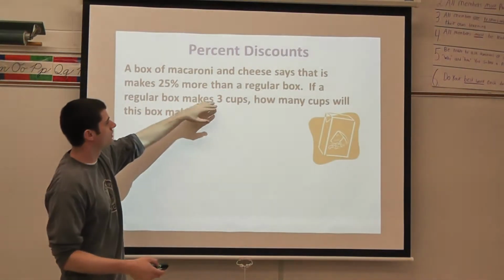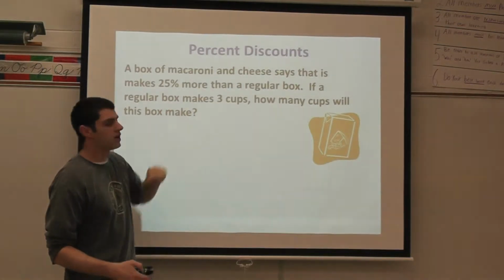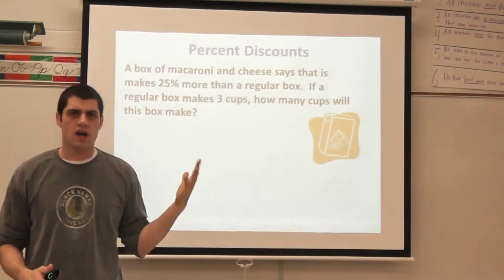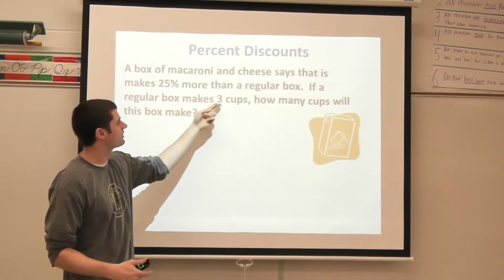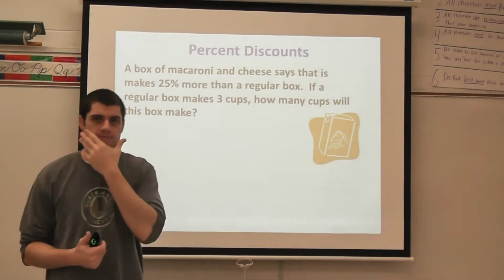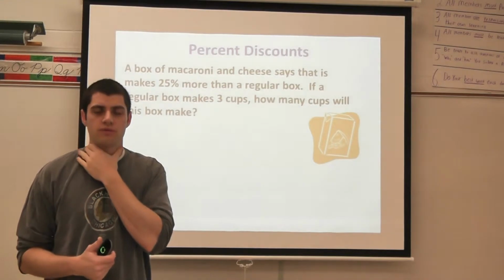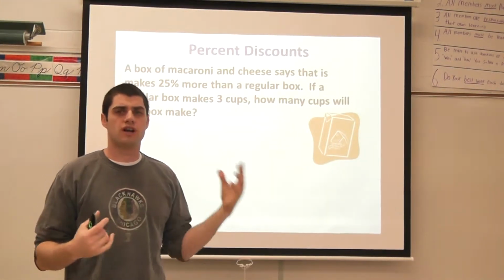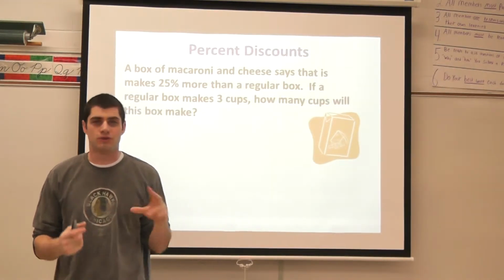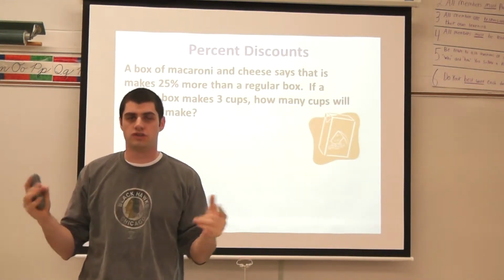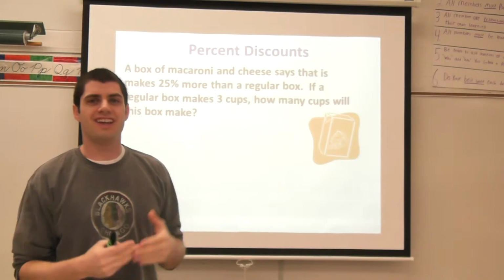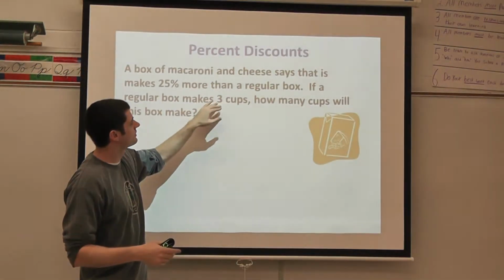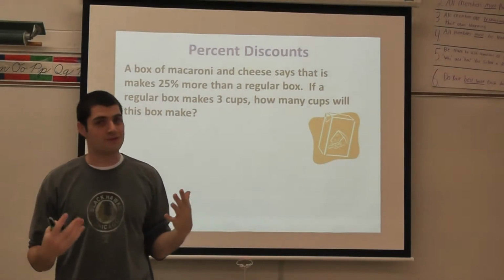If the original box makes 3 cups, well, I know 3 as a decimal is 3.0. Now when thinking about 10% of 3, what would 10% of 3 be? Now, we've talked about those long strips in class. We've also talked about moving the decimal, which is not the best way to phrase that. But if I were to find 10% of 3 cups, I could slide that decimal over, like a lot of you like to say.